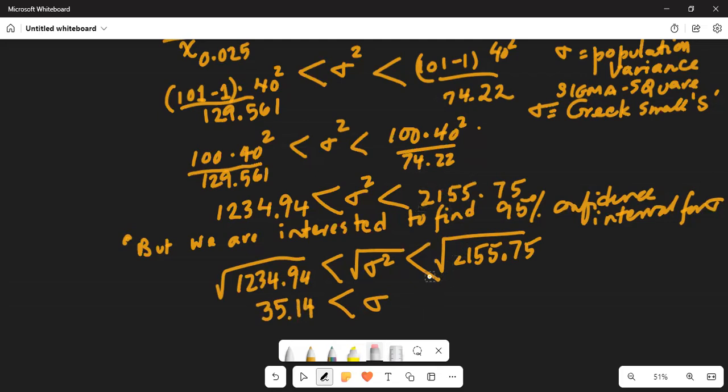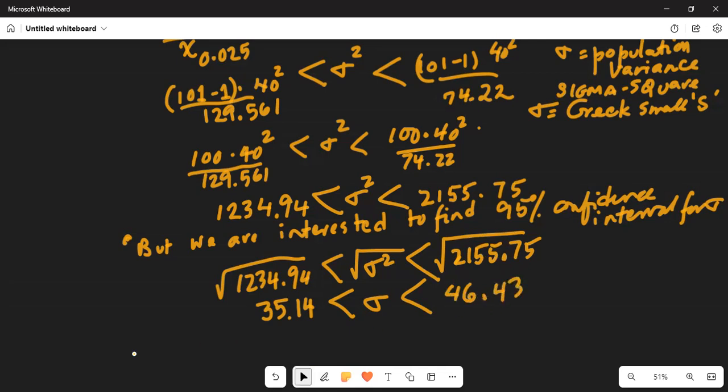Less than, second x square again gives me the square root of 2155.75, and this is 46.43.